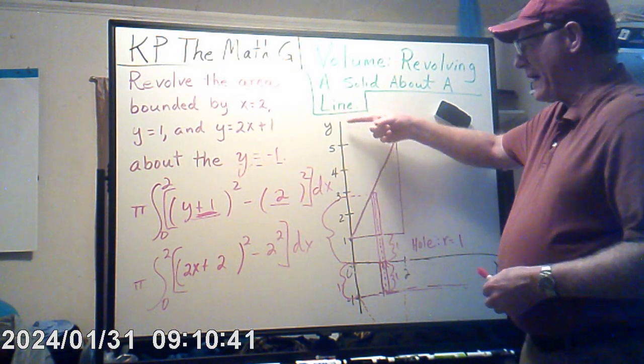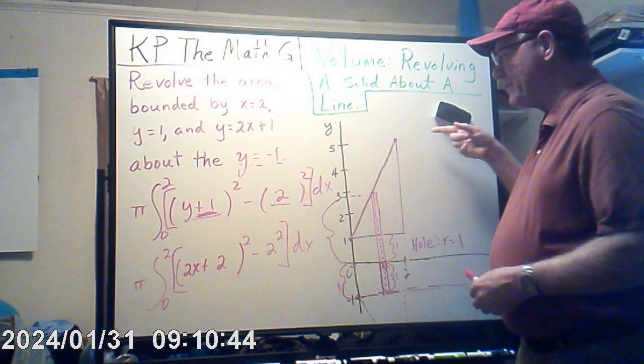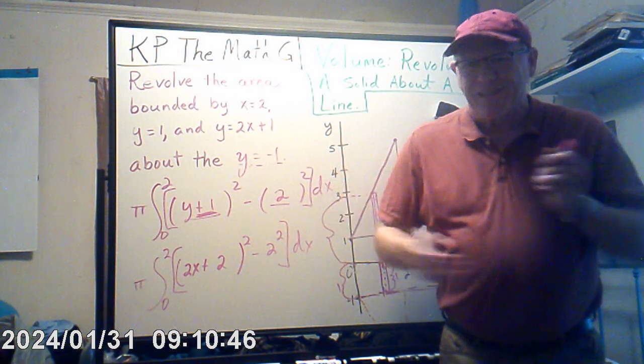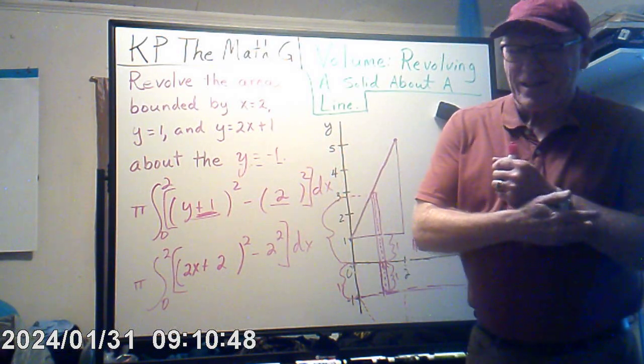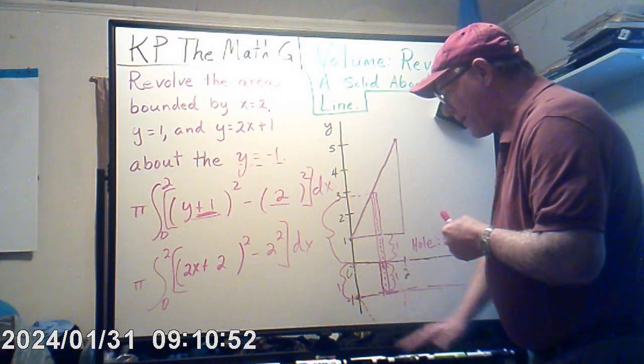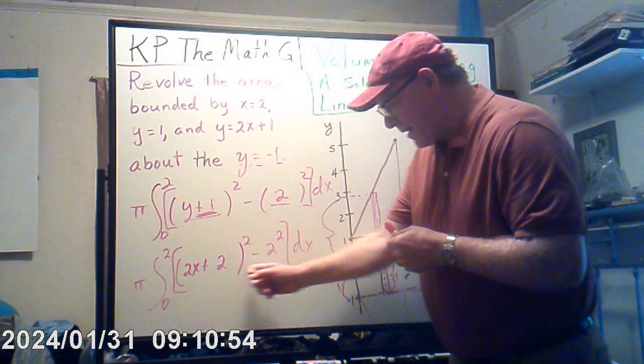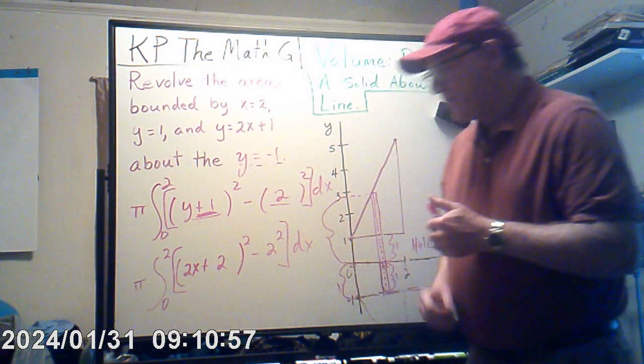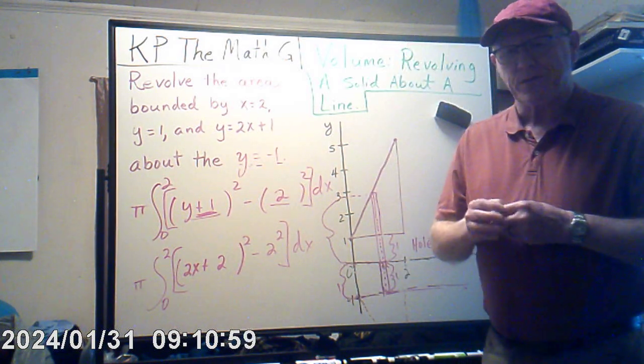And you might be asking me, well, KP the Math G, what would it be like up here? That's another lesson, okay? We'll have to study that. But I just wanted to, as you keep going down further and further, you're going to notice that these numbers on the end are going to subtract off to 0.